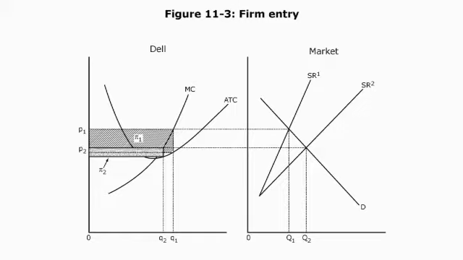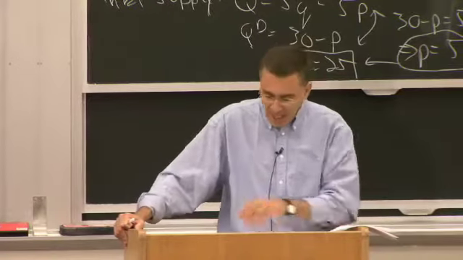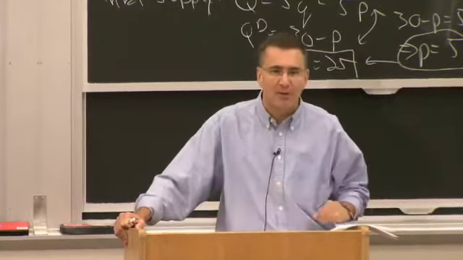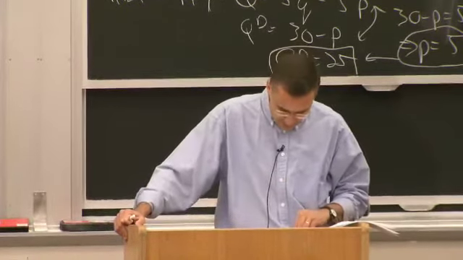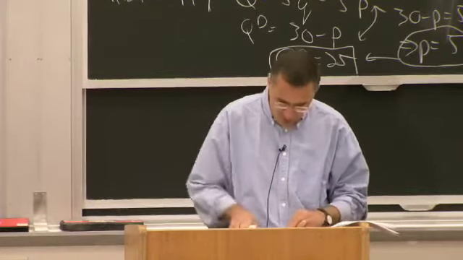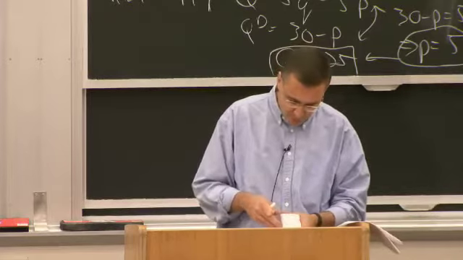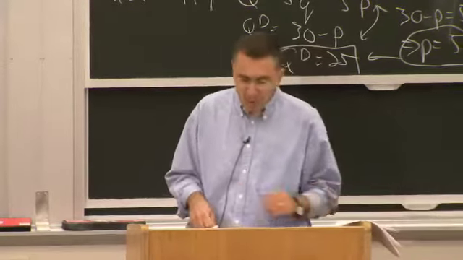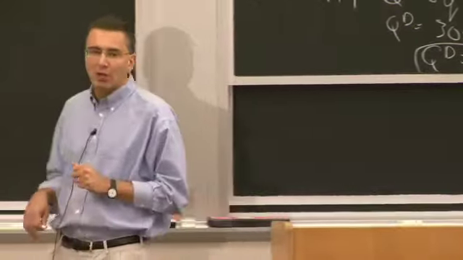So as more firms come in, total market quantity goes up, but any given firm is going to produce less. And that will continue until profits go to zero. That is how firm entry wipes out profits, by driving firms to the point where price equals average cost.